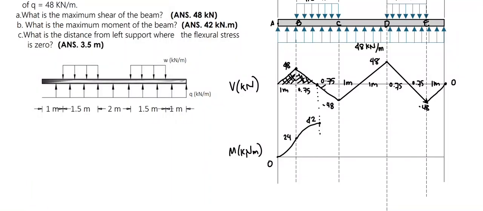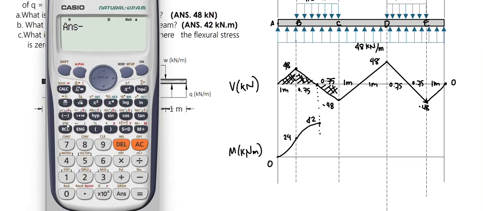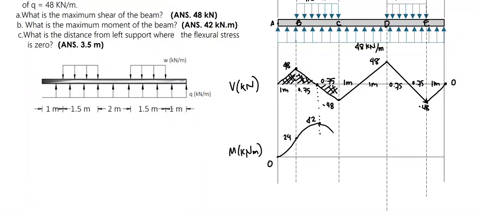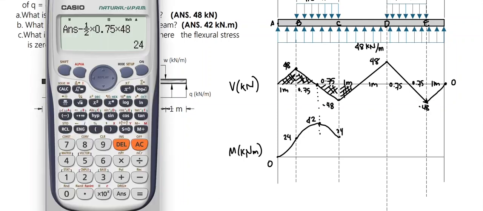And then it decreases because this area here is negative. It is 42 minus the area of the triangle, that is 1/2 times the base of 0.75 times the height of 48. It becomes 24. Then 24 minus this negative area, which is equal to 1/2 times the base of 1 meter times the height of 48.